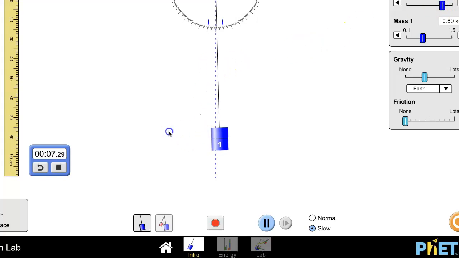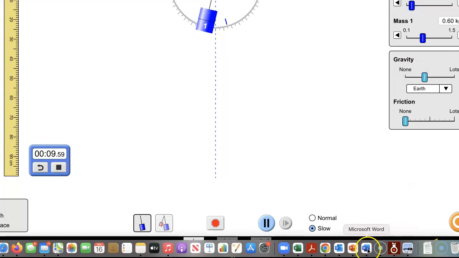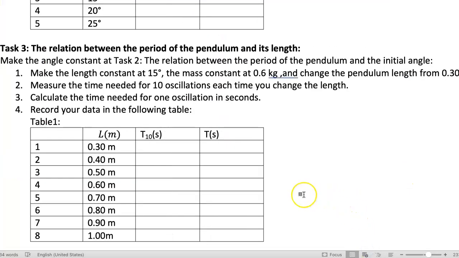Then for the angle, I'm going to keep that at -15 so that I will keep it a simple pendulum. Okay, and now for the length, I'm going to start changing from, I think I started from 0.2. All right, let's see here, from 0.3 till 1 meter.